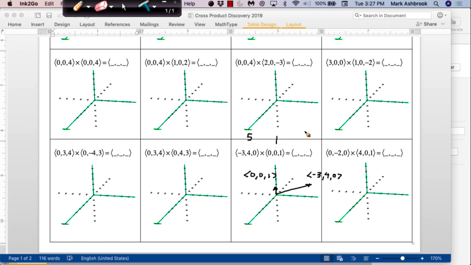And now in what direction? We can use the right-hand rule to figure out what direction. So we're going to point our index finger in the direction of the first vector, and then our third finger in the direction of the second, 0, 0, 1. So you've got to orient your hand so that happens, okay? So negative 3, 4, 0 is this way, and so then in order to get it to be up, it'd be like this.